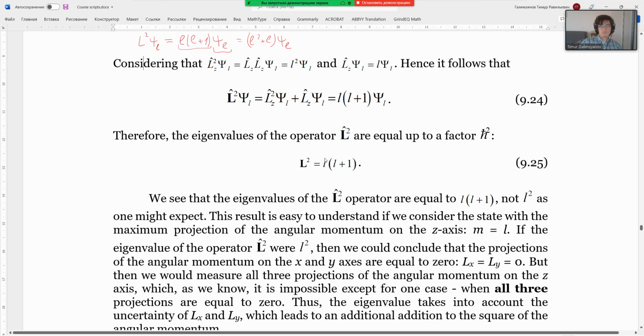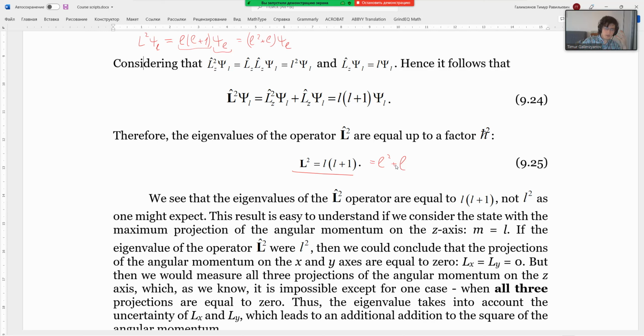So yeah, that's it. Equal to L squared plus L. Why have we got this result? We see that in classical physics we expected to have L squared equal to L squared and nothing more.